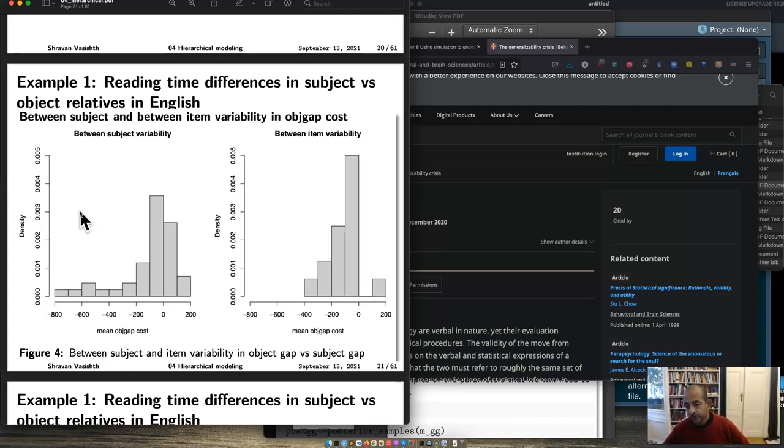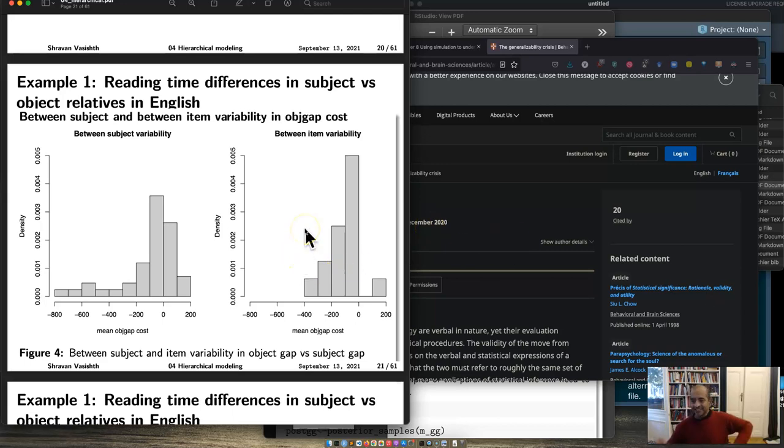So for example, you can't just take one subject's data and make a statement about the entire population of speakers of that native language. You would need a sample of subjects. The same thing happens with items. You want to make sure that you've got a broad range of items. Obviously, these are not random samples, but still you want to be able to generalize over them, and that's why you need to allow more variability.